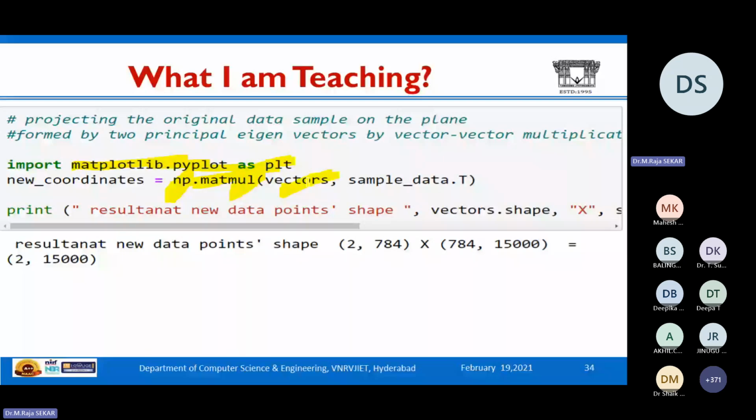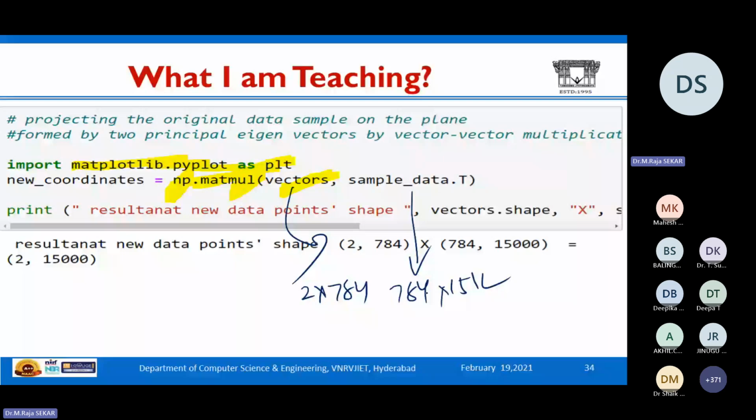Vectors means the updated one, which is 2 by 784, since we took the transpose. What is sample underscore data dot T? This is 784 by 15k.